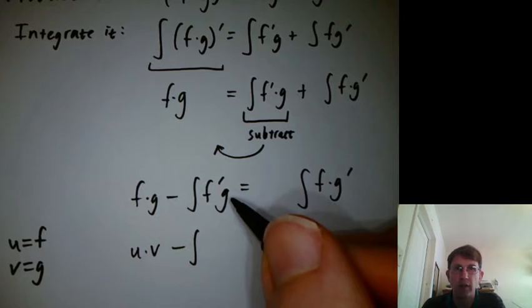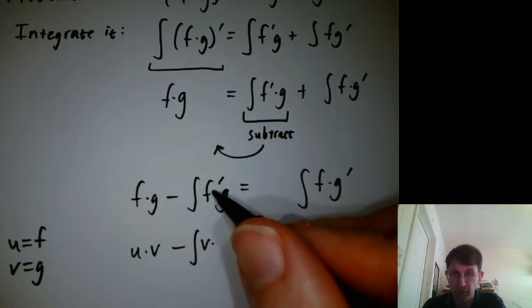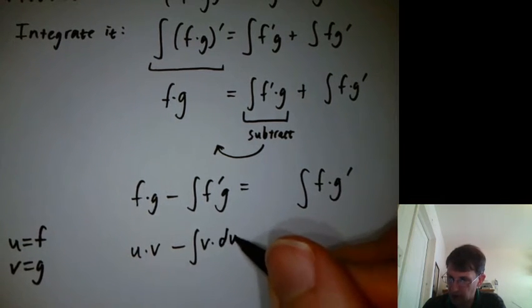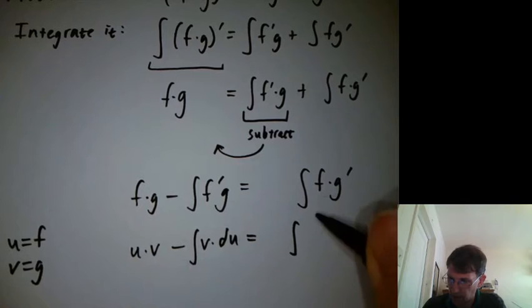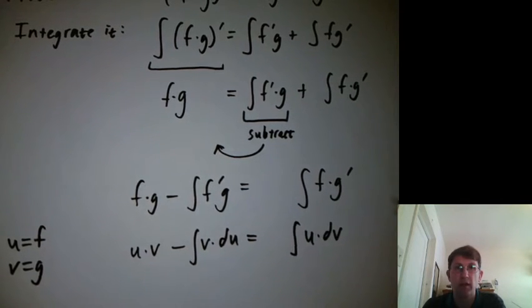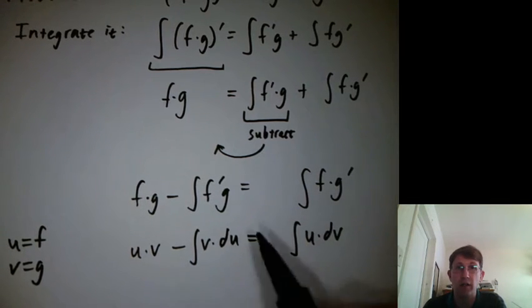Now I have to reorder these. g is v, so I'm going to call that v, and f prime would be u prime, which I'm going to call du, and that's the integral of u times dv. All right, so if you have an integral of u times dv, you can rewrite it this way.